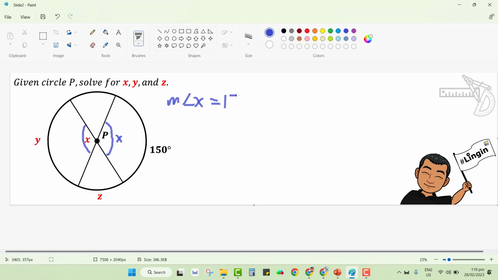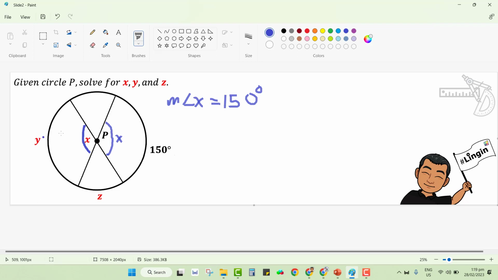In short, the measurement of angle x is equal to 150 degrees. This is also true with the original given variable x here, as these two are congruent, or have the same measurement, because they are vertical angles.